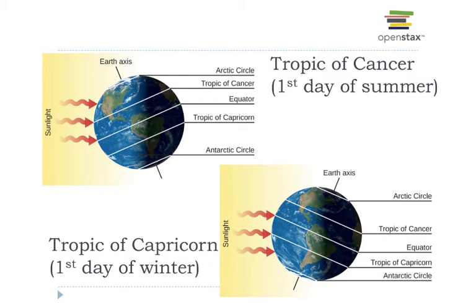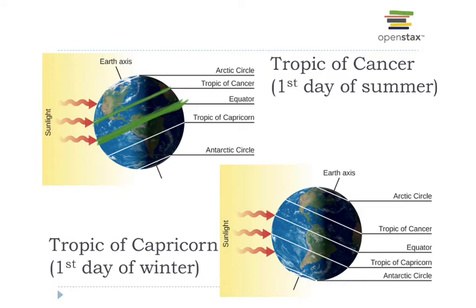Along the Earth, we see these kind of imaginary lines. Well, the equator is what divides the center here. There are a couple of other latitude lines. So the Tropic of Cancer, which is slightly above here, on the first day of summer, that would be getting that direct sunlight, where the sun would be overhead.